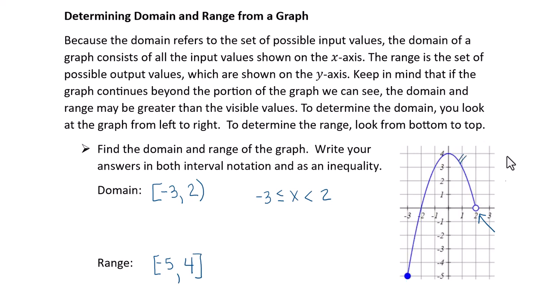In fact, every piece along here is a solid dot until you get to this open circle right there. So we're going to use a square bracket there, and in inequality notation we're going to go from -5 to 4. Our y values lie between -5 and 4 and are inclusive. y is greater than or equal to -5 and y is less than or equal to 4 at the same time.